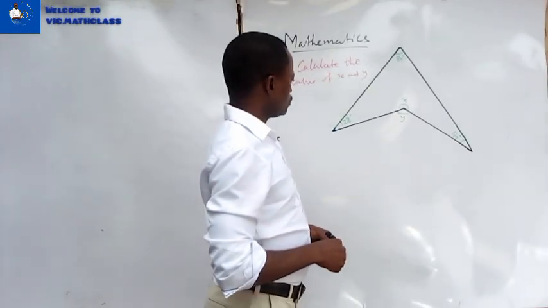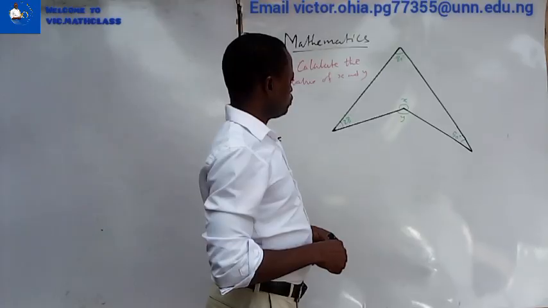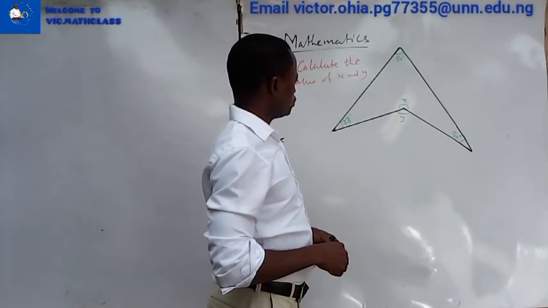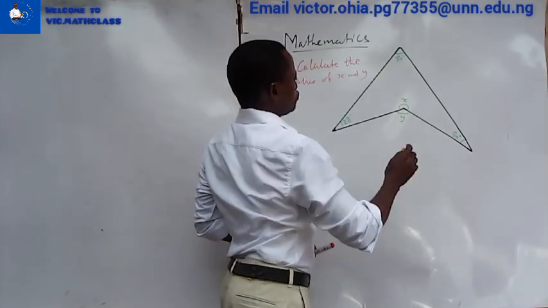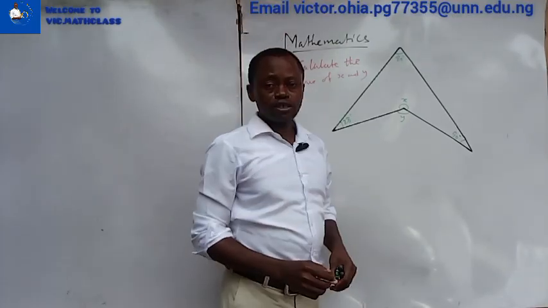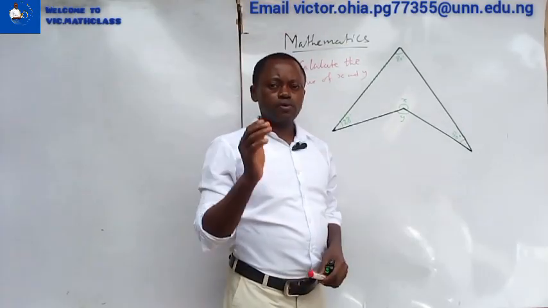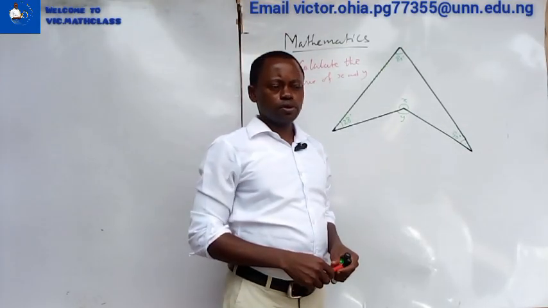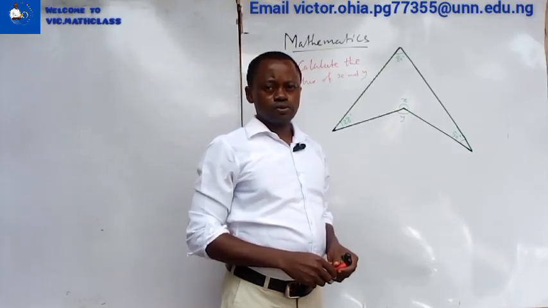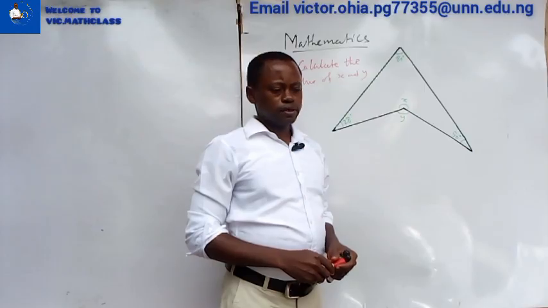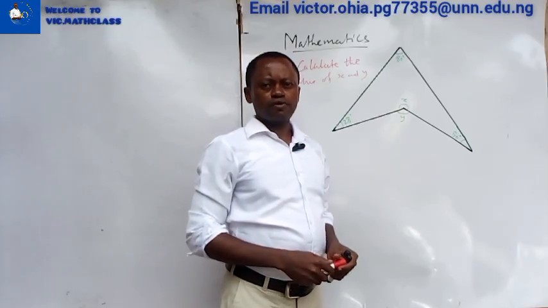So I'm going to give us the first way, as simple as possible, through which we can obtain the value of x. So if you look at this, you see that this is a four-sided figure. 1, 2, 3, 4. Okay, it has four sides. And when we started introducing polygons, we gave an expression that can be used to obtain the sum of interior angles of a regular polygon.